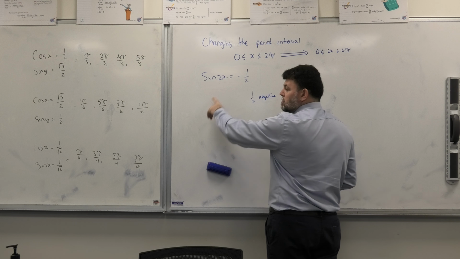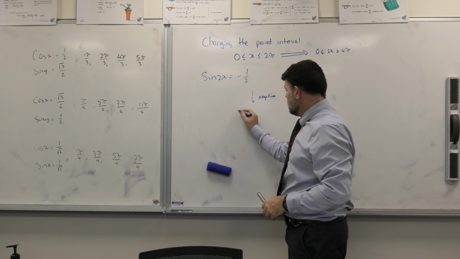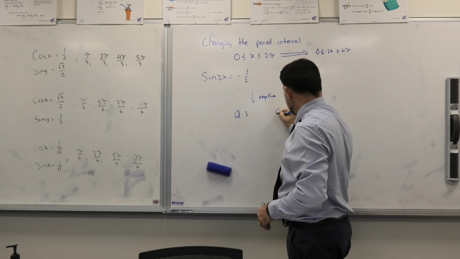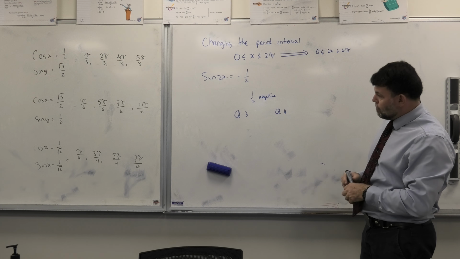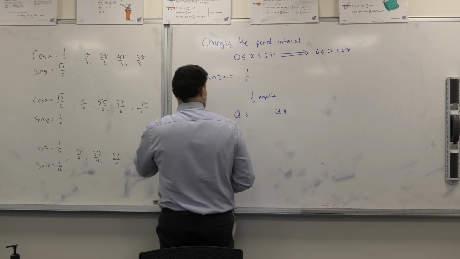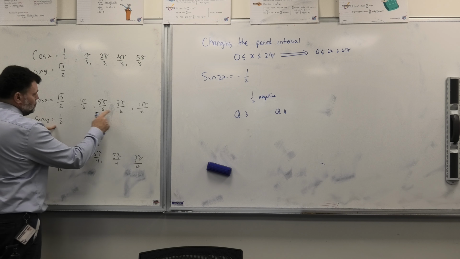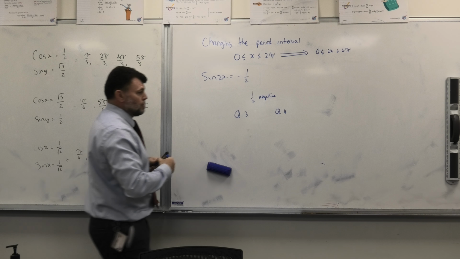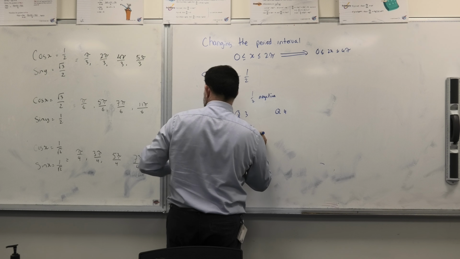Well, sine's negative in quadrant 3 and quadrant 4. So we can say here, in quadrant 3 and quadrant 4. So in quadrant 3, and we've got these here, we're looking at sine negative half. We've got 1, 2, 3. So in quadrant 3, it's going to be 7 pi on 6.